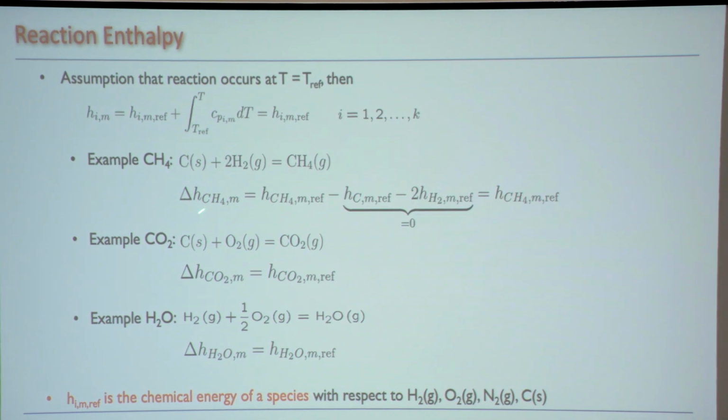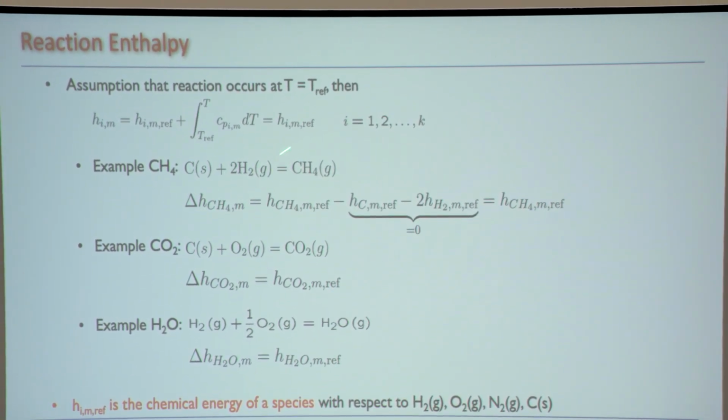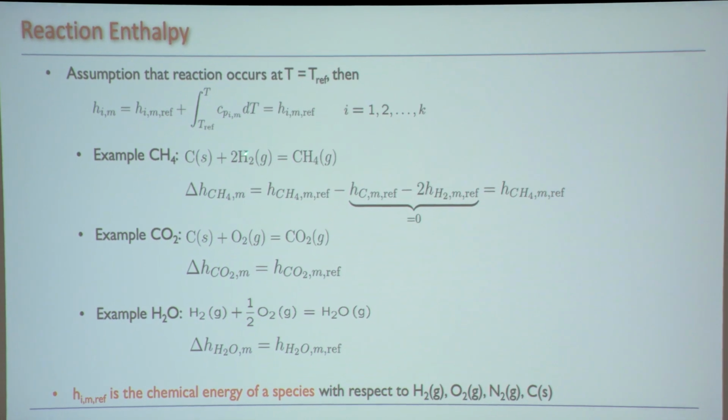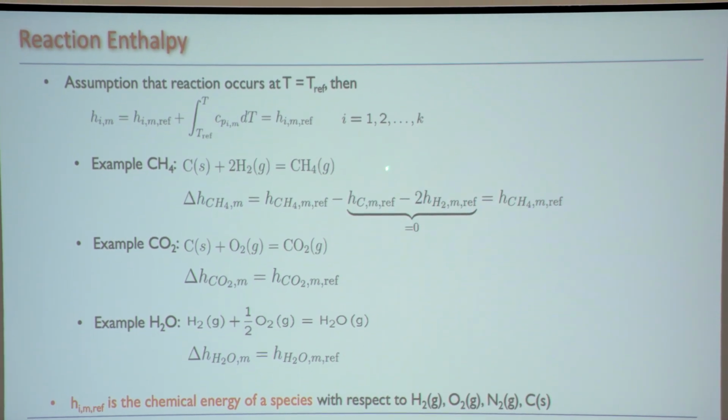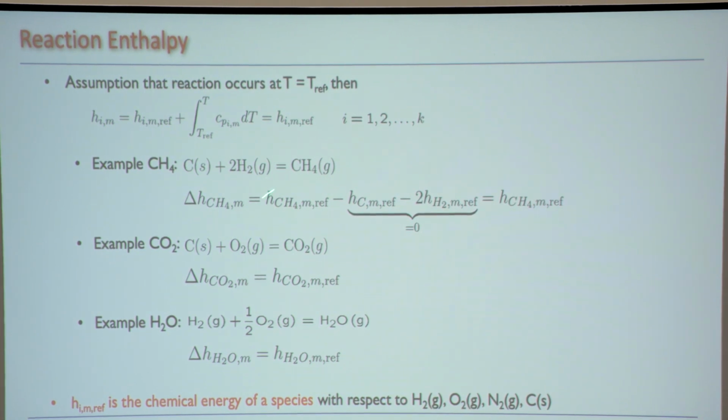I can measure this, and then I write the reaction enthalpy of this equation as the enthalpy of CH4 minus that of solid carbon minus twice that of H2. But we said these are defined to be 0. So the measured change in enthalpy is just the reference enthalpy, and same thing for these other ones.